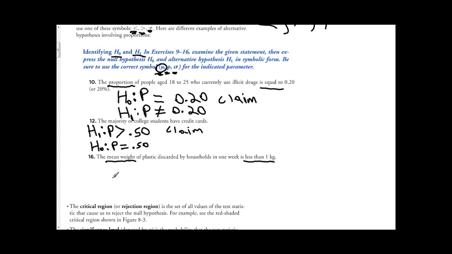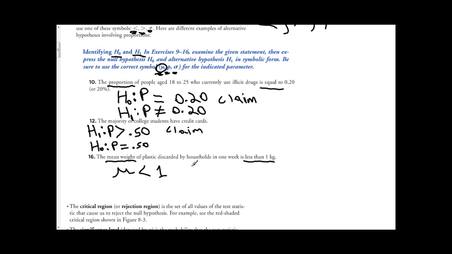So in this case, we're going to use mu instead of P in order to form our null and alternative hypothesis. So mu, this claim is saying, is less than 1 kilogram. The population mean, right in this statement, is less than 1 kilogram.